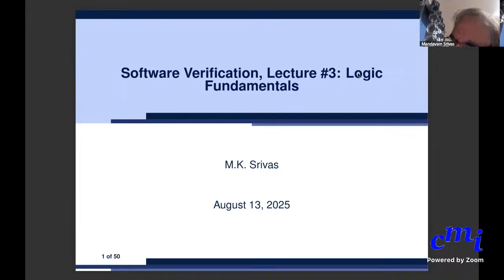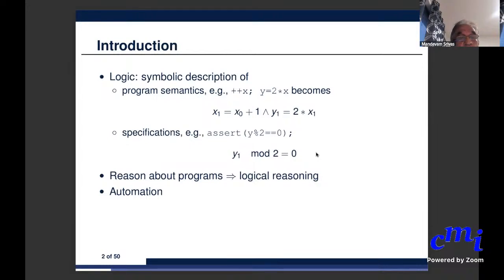And as I said, I want all of you to use Z3, a SAT checker, to check a model and some of the problems that I'll be assigning.